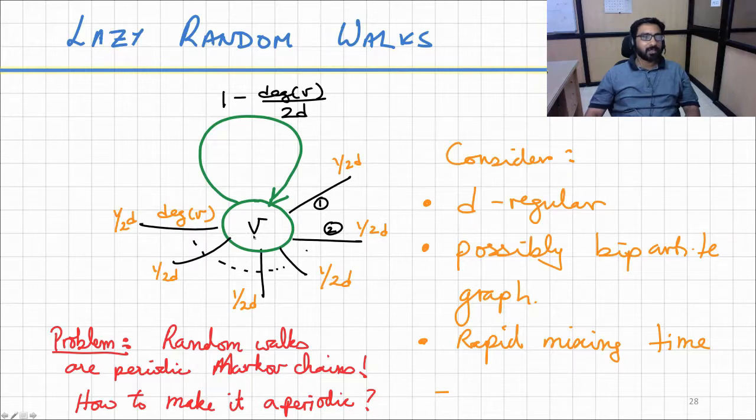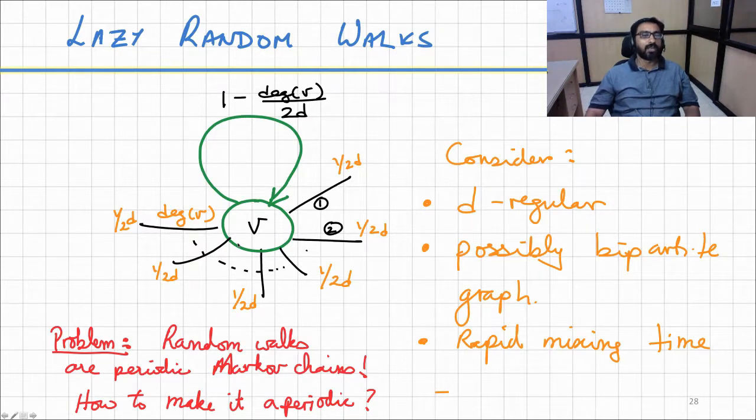But this leaves us with some remaining probability, and with that probability, 1 minus the degree of V over 2d. So this is the probability that has been exhausted by considering all the edges incident at V. So 1 minus that is the remaining probability, and with that probability we're just going to remain in the vertex V. So you can see why such a random walk is called lazy, because there's a probability of at least half that the walk will actually stay in the same vertex.